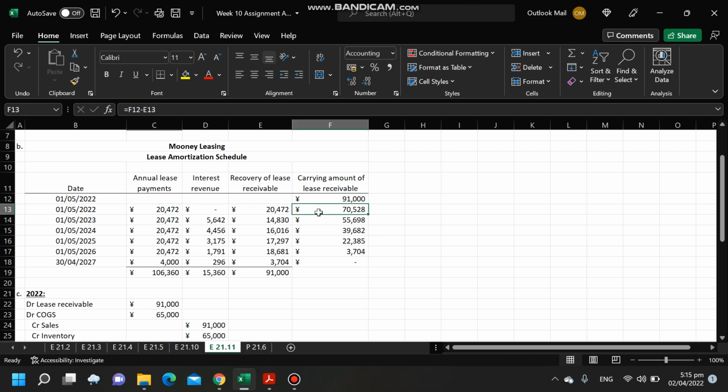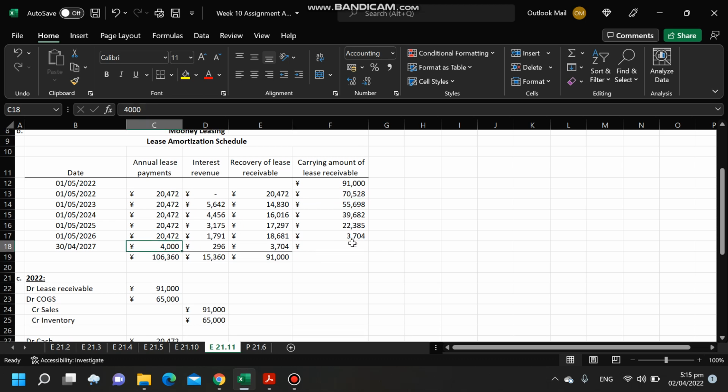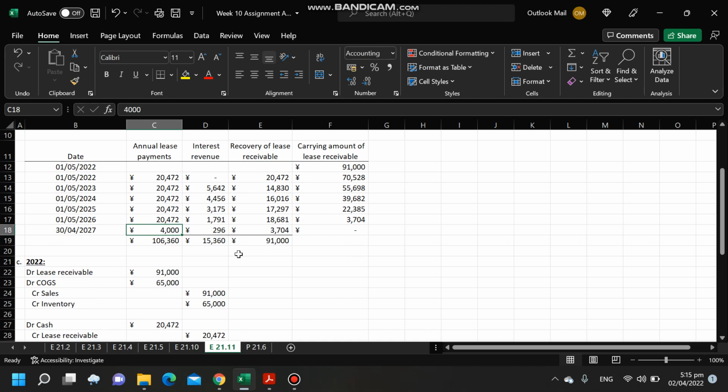Then you continue for the next year with interest revenue from 8% of the carrying amount. And this is the bargain purchase option at the end of the contract.